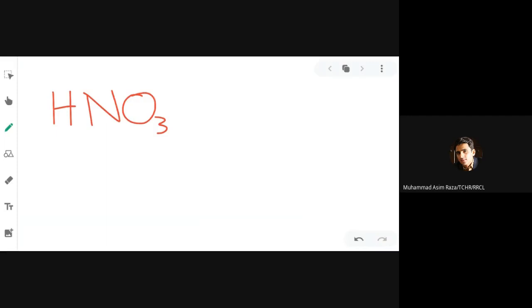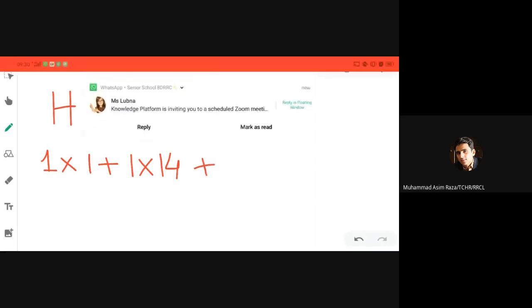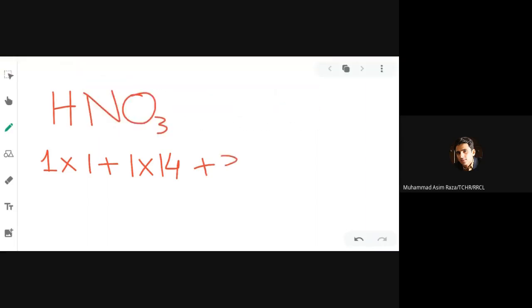You see that we have only one hydrogen in it, so 1 times the mass of one hydrogen, which is 1, plus we have one nitrogen only, we will multiply it with the atomic mass of nitrogen, which is 14, plus there are 3 oxygens in it, multiply by 16.